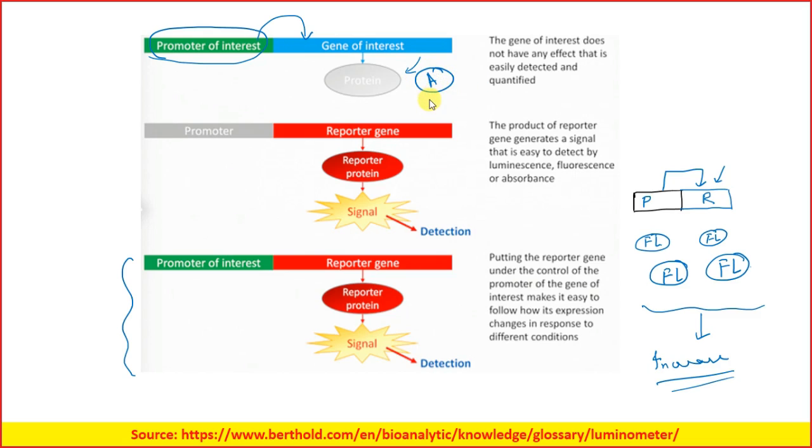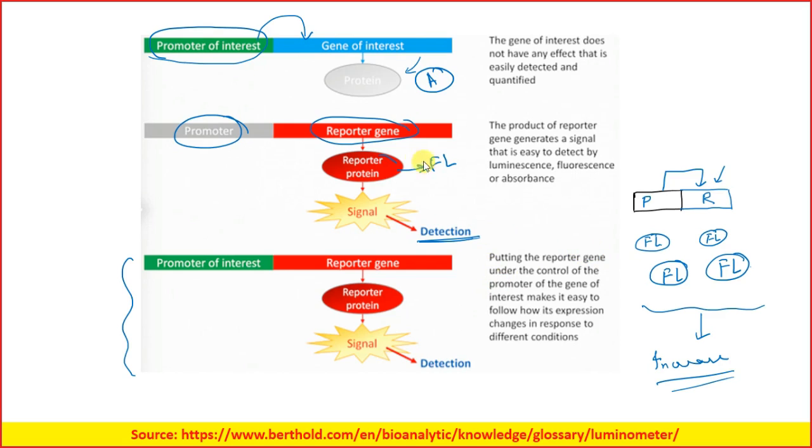Okay, in the second case you have a promoter, say in the firefly, and then you have the reporter gene, which will produce this reporter protein. In this case it is firefly luciferase, and this firefly luciferase will catalyze some reaction to generate bioluminescent radiations, which can be detected using the luminometer.